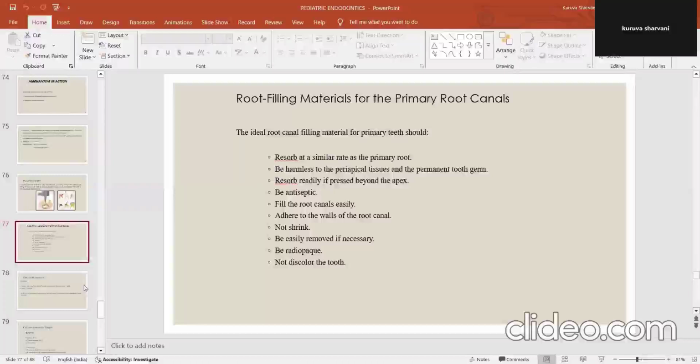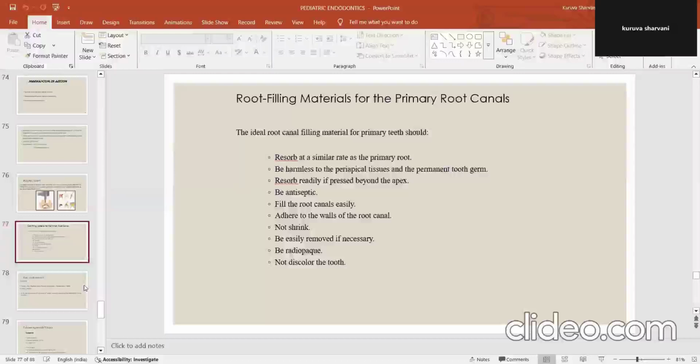What is the major difference? Pulpectomy is done in primary teeth, whereas root canal treatment is done in permanent teeth. In pulpectomy, you are going to place an inert resorbable material, whereas in root canal treatment, you use a non-resorbable material, that is gutta-percha.